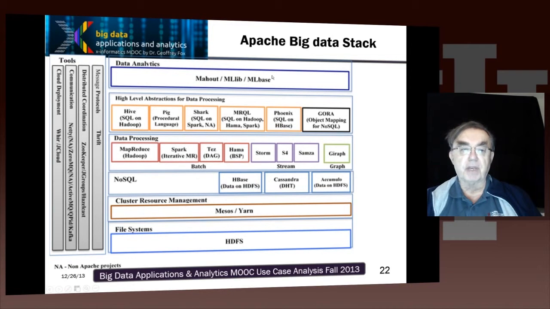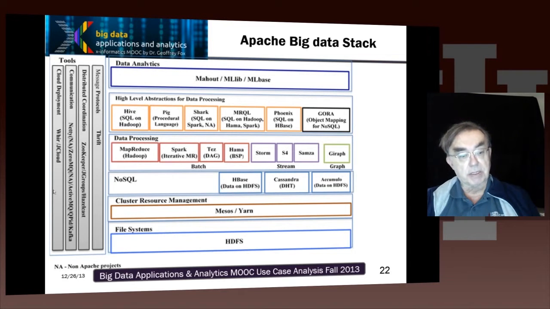And on top of this, you have the actual analytics: Mahout, MLlib, and MLbase. Running across all these subsystems, you have message protocols, Thrift, distributed coordination and concurrency control, Zookeeper, JGroups, Hazelcast. We have communications, which are typically message brokers, Netty, ZeroMQ. MQ is message queuing. There are lots of MQs in the world.